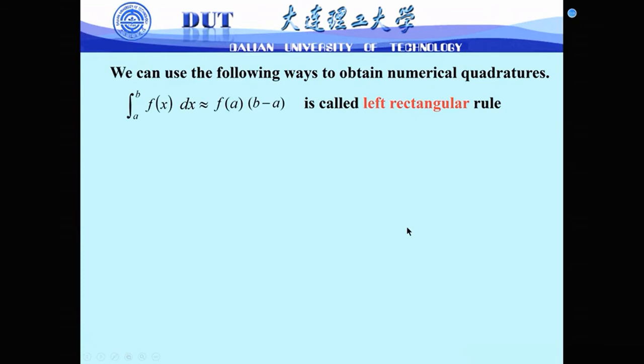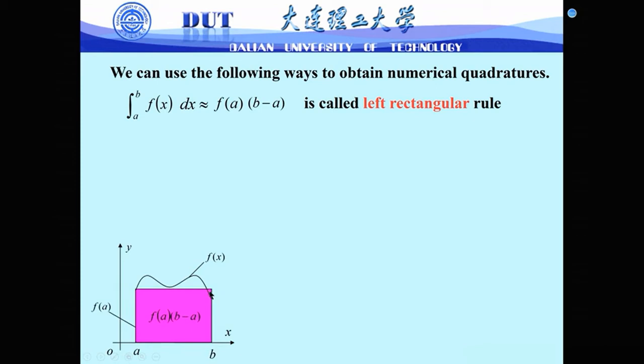Is it okay for you? Now you see, if we just choose the left function value, I show you this figure. Now this is f(x). Because we don't know where the exact c is, we choose a simple c. Now we just choose the left endpoint a and use f(a) as height, so we can obtain a rectangle like this in red color. Its area is the height f(a) multiplied by the length b minus a.